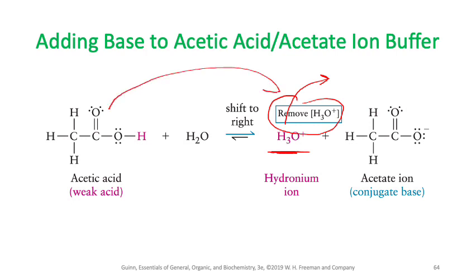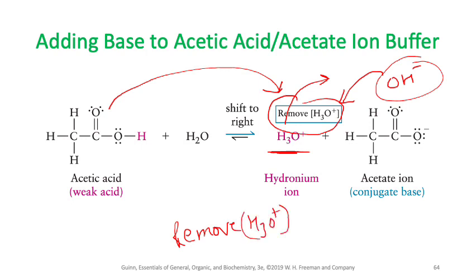The reaction will move to the product side to balance the concentration of the hydronium ion, because removing the hydronium ion has the same effect as adding a hydroxide ion, right? So if you add hydroxide ion or you remove hydronium ion, it's the same thing. The reaction will move to the product side, and then you will maintain the pH of the solution.